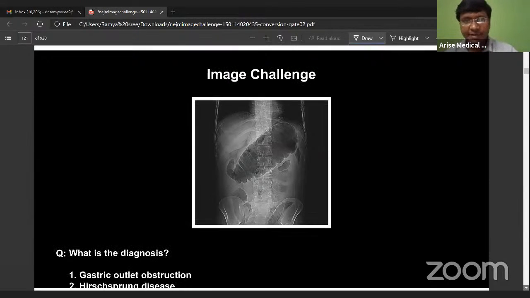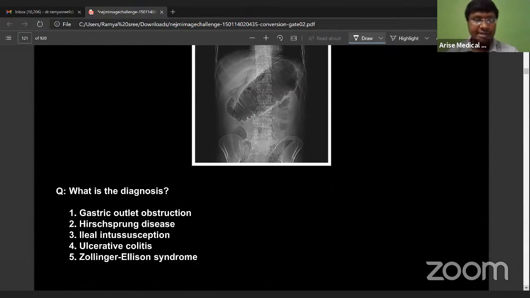Right. This is another very interesting question, and let me see how many of you can crack this. What is the diagnosis? An abdominal X-ray is being given to you. Gastric outlet obstruction, Hirschsprung disease, ileal intussusception, ulcerative colitis, Zollinger-Ellison syndrome.